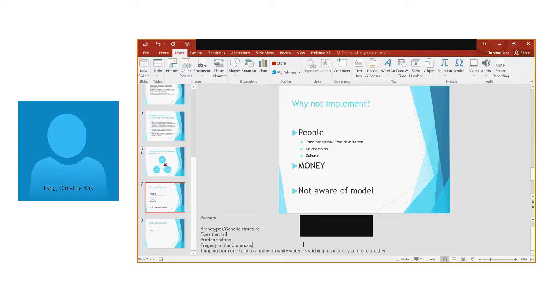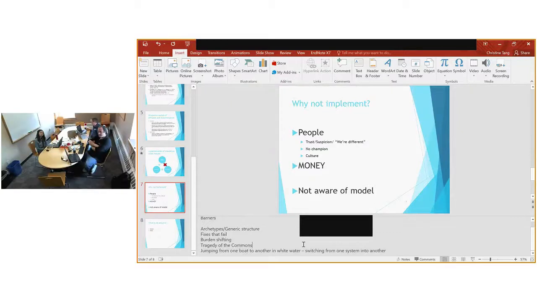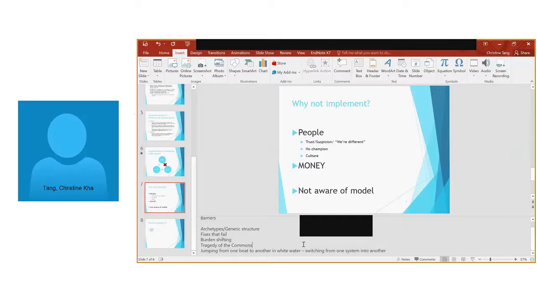And the third one is the implementation, or diffusion, whatever you want to call it, of cognitive processing therapy and prolonged exposure within the VA. But for this specific topic, I'm not sure how much I will have time to.